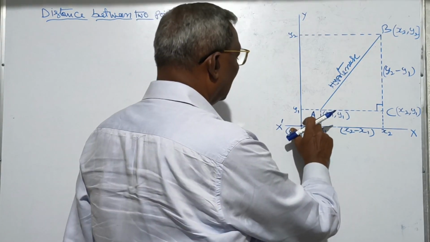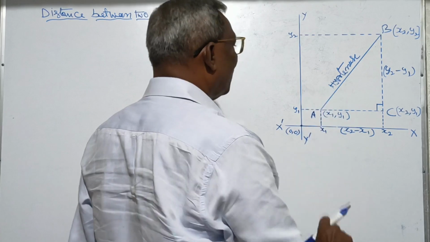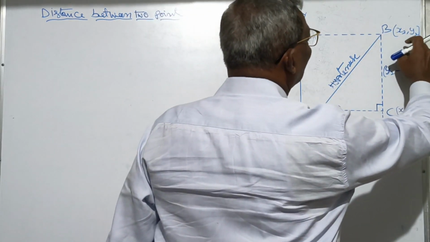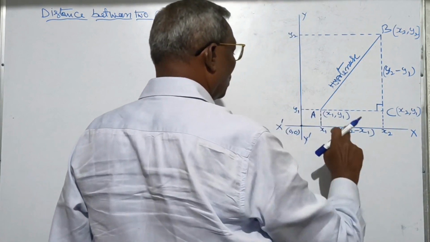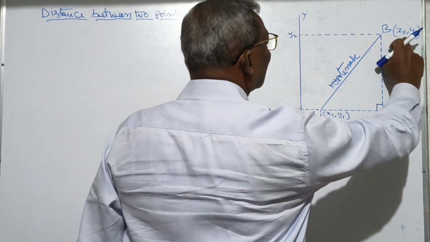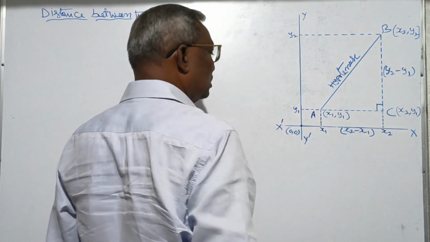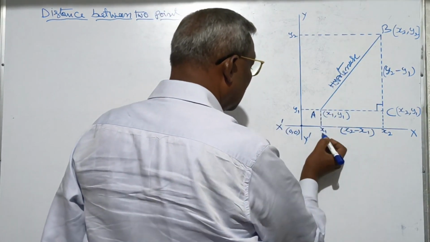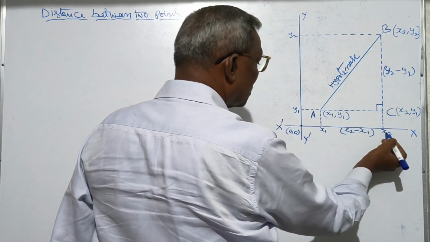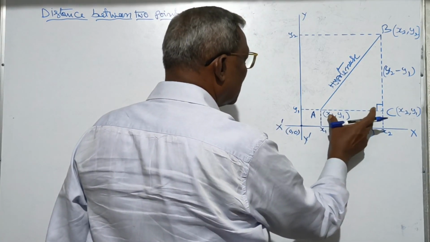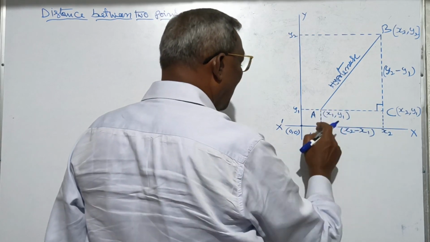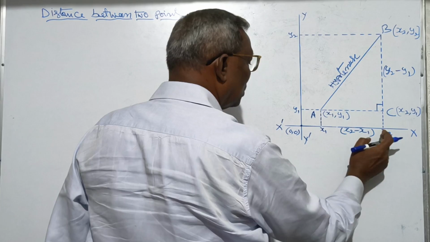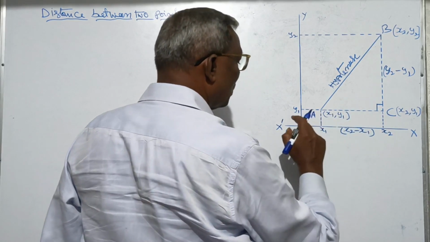At point A, coordinates are x1, y1. At point B, coordinates are x2, y2. So on the x-axis, this is x1, this is x2. So the length of AC is equal to x2 minus x1.